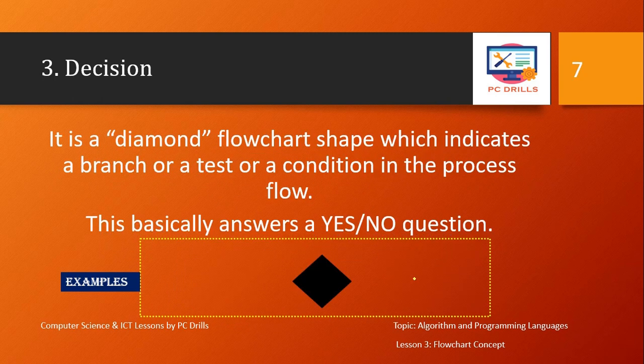Next, we have the decision. A decision is usually a diamond flowchart shape. When we say if a is greater than b, if y is less than 5, any question that can be answered with a yes or no, you can use this particular decision symbol, which is the diamond.